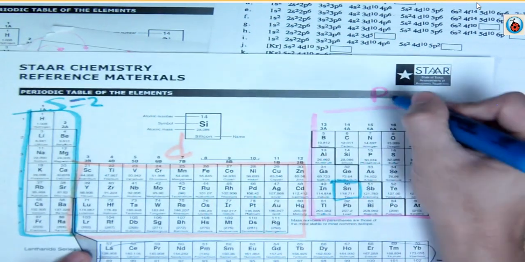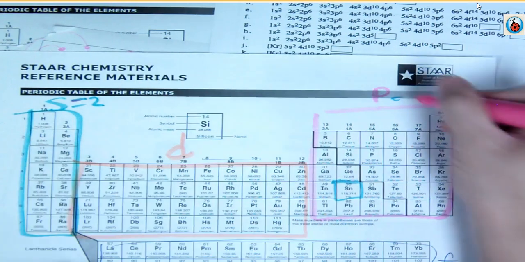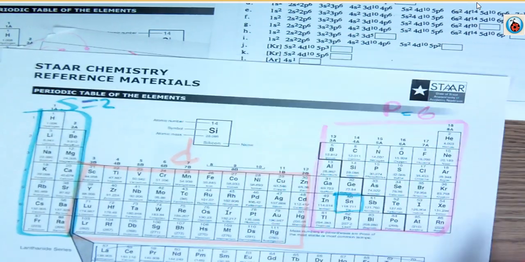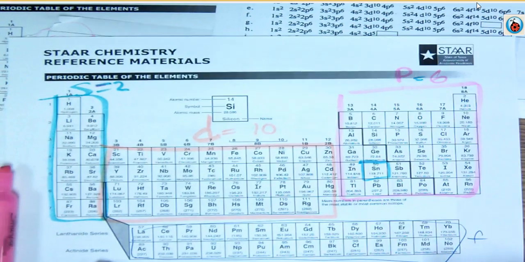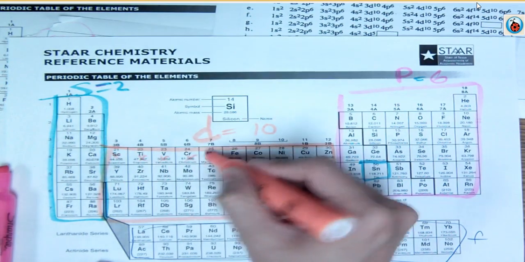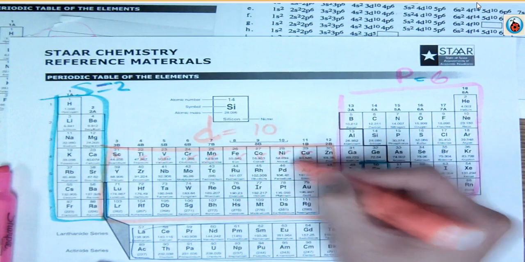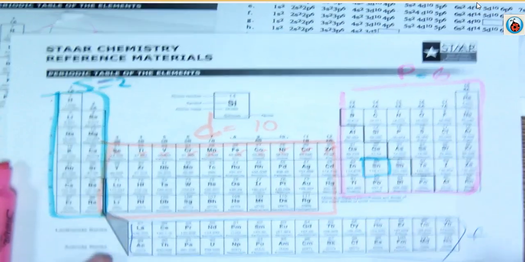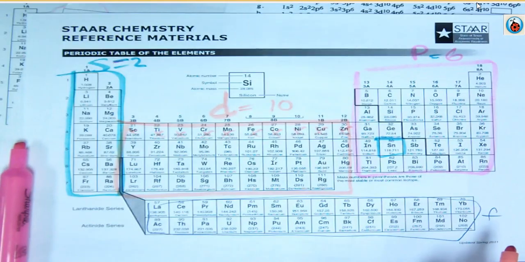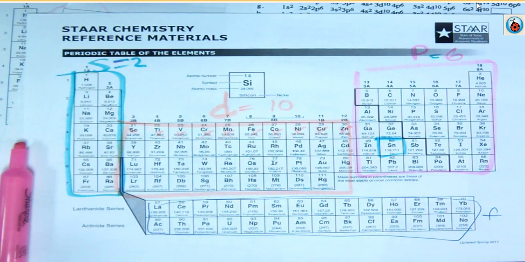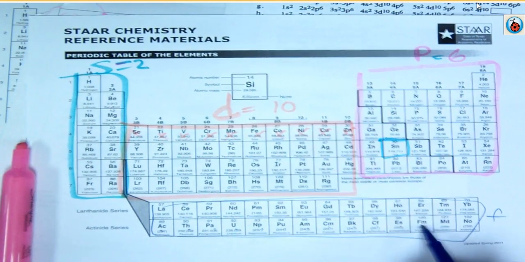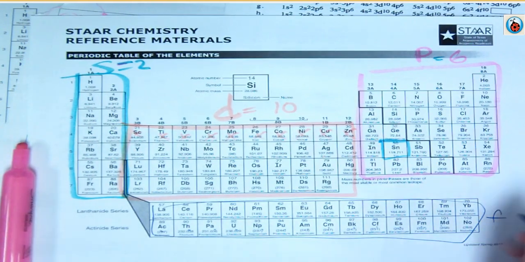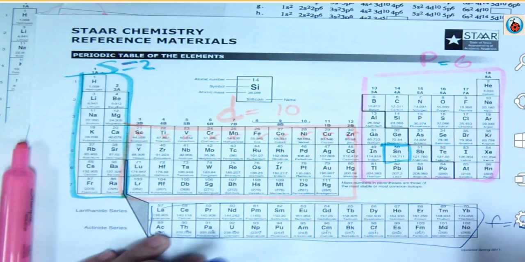P can hold how many electrons? P can hold 6. That's why there are 6 columns. D can hold how many electrons? 10. That's why there's 10. Look, 1, 2, 3, 4, 5, 6, 7, 8, 9, 10. 10 blocks. You see? And then F down here can hold how many electrons? 1, 2, 3, 4, 5, 6, 7, 8, 9, 10, 11, 12, 13, 14. Makes perfect sense now, doesn't it? 14. There you go, 14.